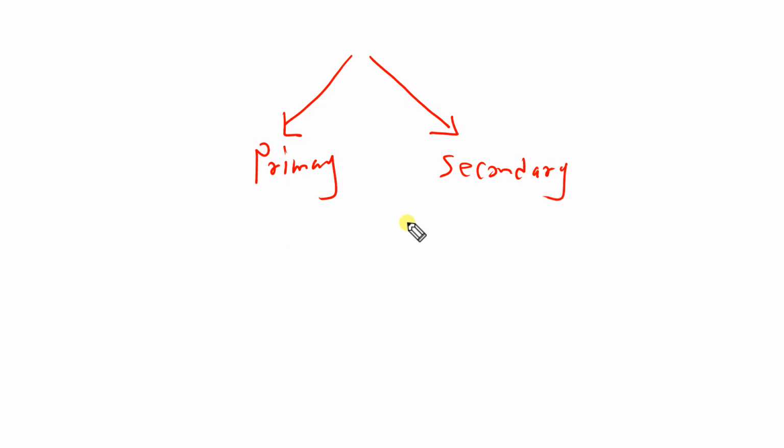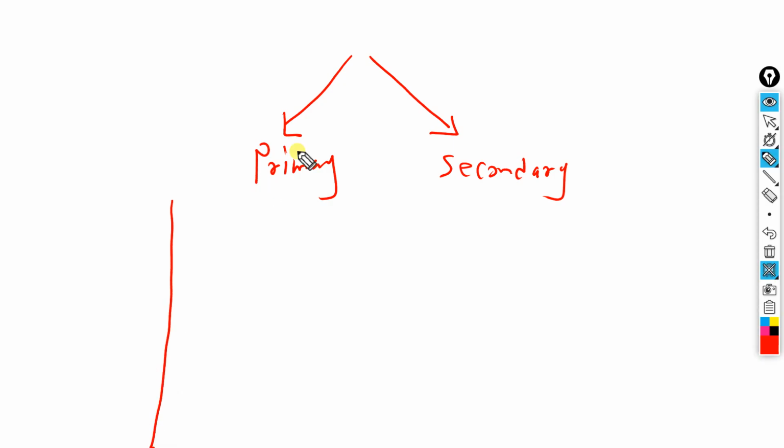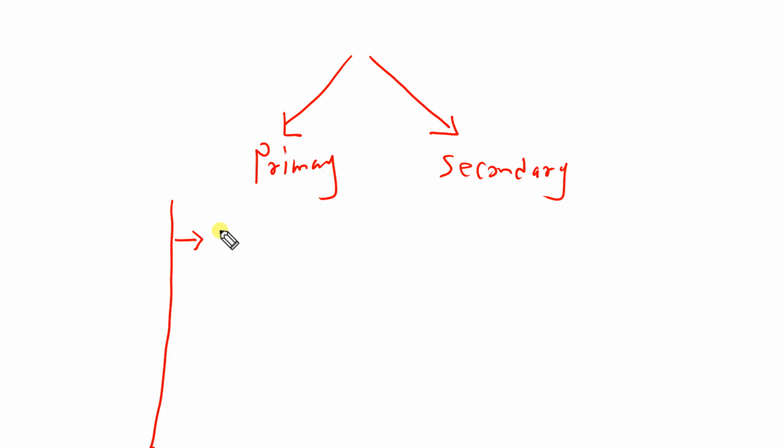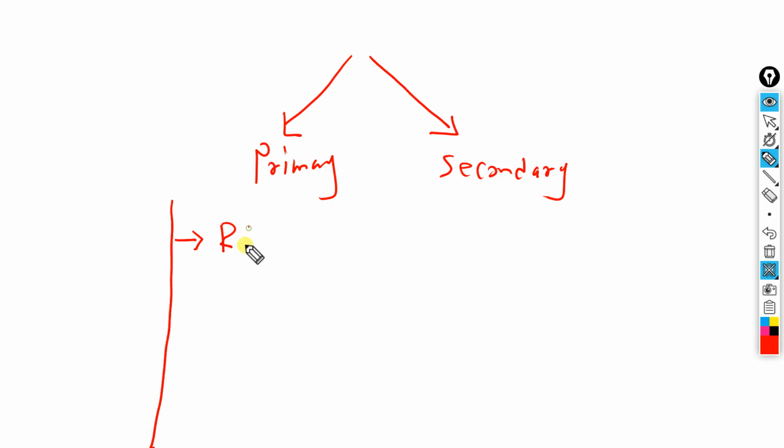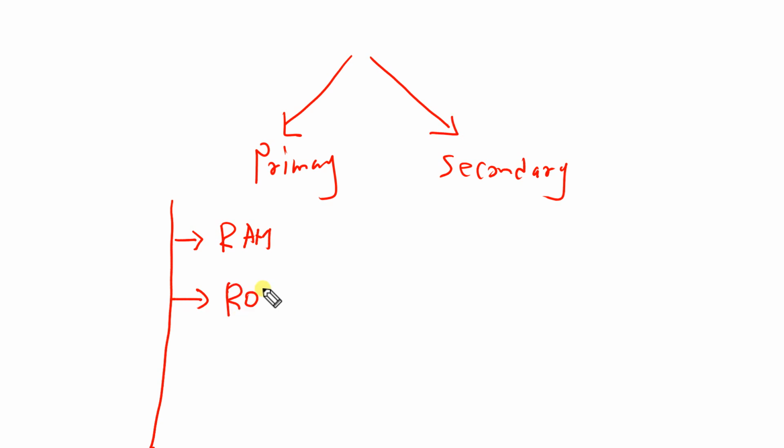Secondary storage. What are the primary storage? Main thing. Anyone? One is we have what? Primary storage, Putte, what we have? We have random access memory. Then we have read-only memory. Am I right?